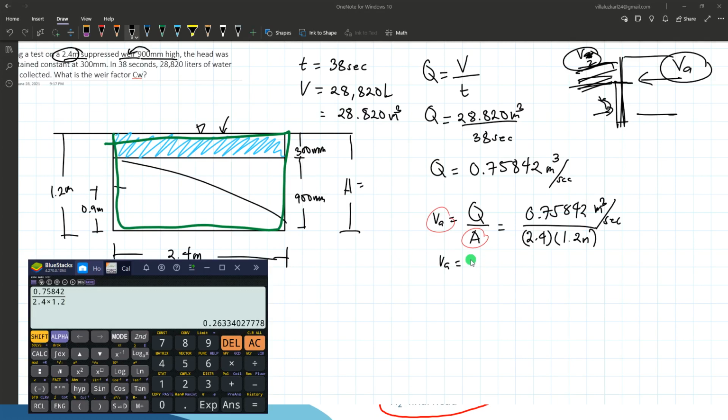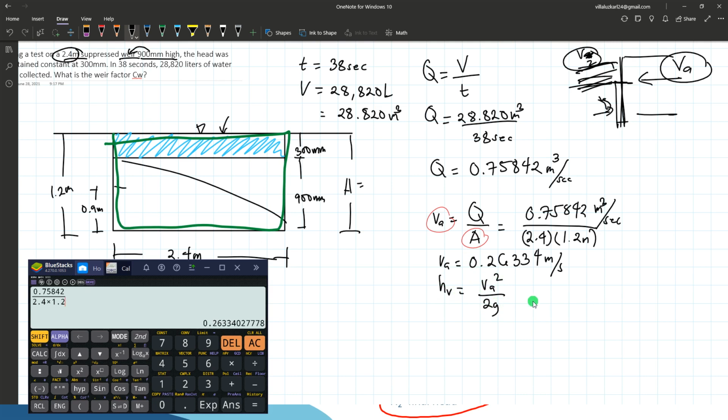The answer is 0.26334 meter per second. Then we can now determine the velocity head h of v using this velocity of approach.